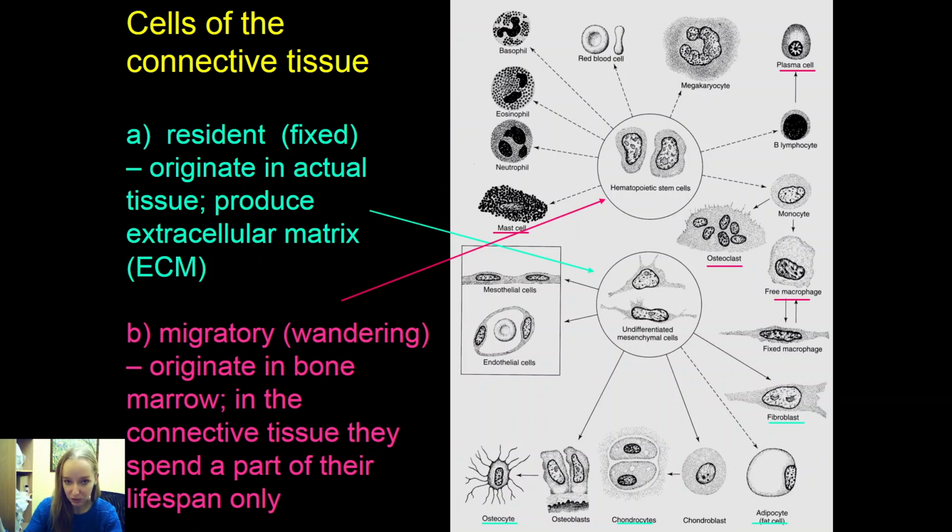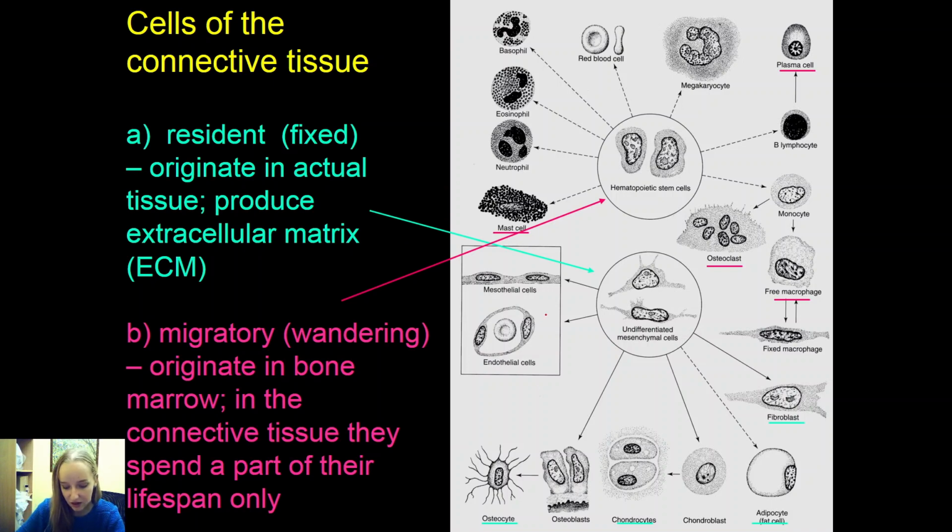This mass predominates in connective tissue, but cells are essential for the formation and maintenance of the matrix that is around them. So they are very important, and we distinguish two types: resident or fixed cells and migratory or wandering cells.